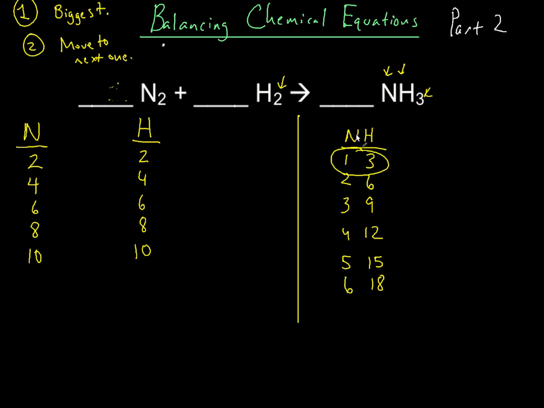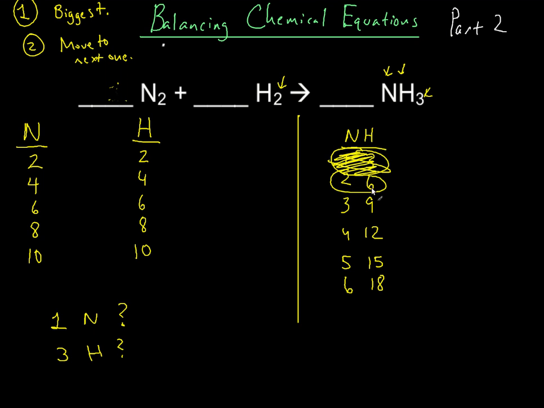We'd have 1 nitrogen and 3 hydrogen. Is there 1 nitrogen? As you can see, there is no place here that there can be 1 nitrogen. Is there 3 hydrogens? There's nowhere here that there's a 3. And so this one cannot be used. That moves us down to the next one.